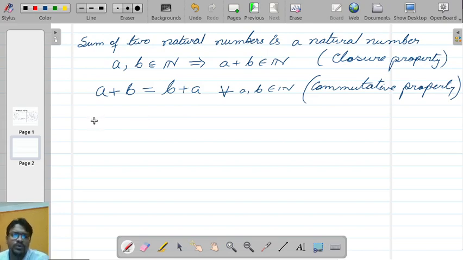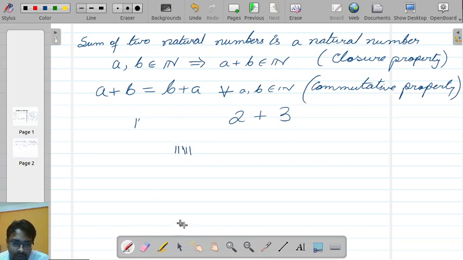The way we define addition initially in our school days, how did you do this type of addition? Say 2 plus 3. If you remember nicely, for 2 you give 2 tally marks, and for 3 you give another 3. 1, 2, 3. So what is the sum?